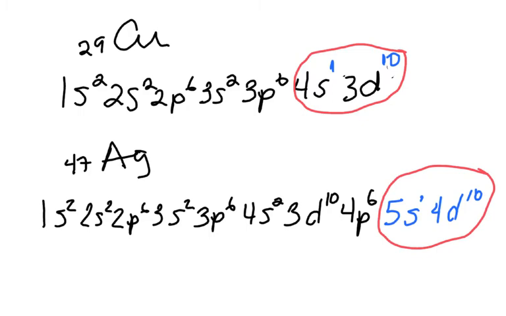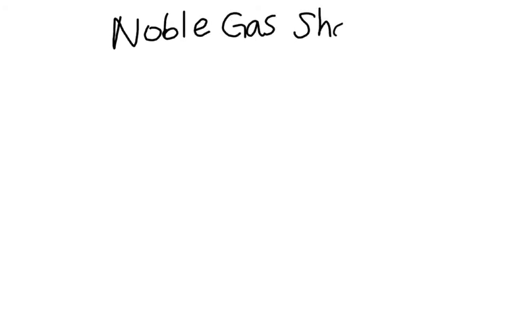I don't know about you guys, but writing all of this out is also kind of a big headache. So once again, scientists, especially chemists, like to do shortcuts. We like to do something called the noble gas shorthand. This is where we look at the noble gas.